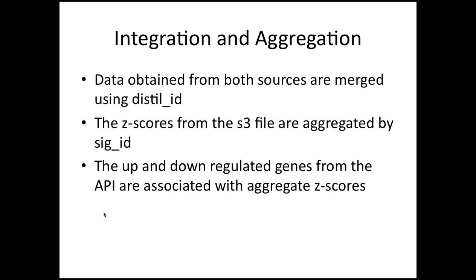It's just an average. If there are 3-4 samples for a given signature and a given gene is repeated 4 times, we add the 4 Z-scores for that gene and divide by the number of distal IDs. That's how we get the aggregate, and then we combine both pieces of information together into a document.